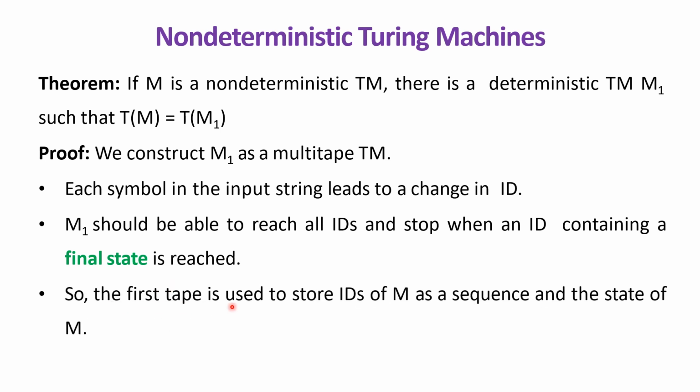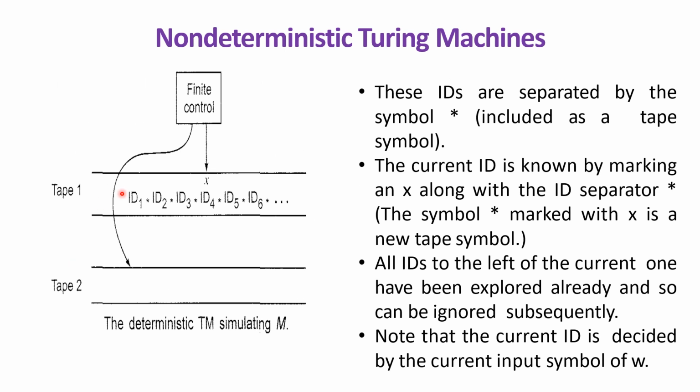So the first step is used to store the IDs of M as a sequence and the state of M. These IDs are separated by a symbol star. The current ID is known by marking an X along with the ID separator star.